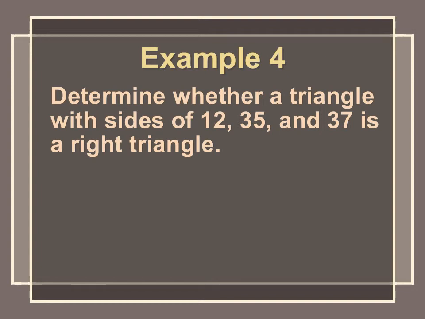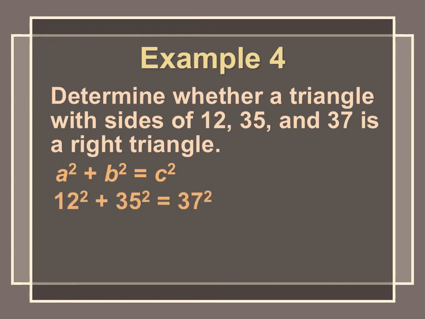So first we're going to determine whether a triangle with sides 12, 35, and 37 is a right triangle. So remember, we're going to use the Pythagorean theorem that says A squared plus B squared equals C squared. Your biggest number is always going to be your hypotenuse. So we're going to try 12 squared plus 35 squared equals 37 squared. Remember, we let 37 be C because it was the biggest number.